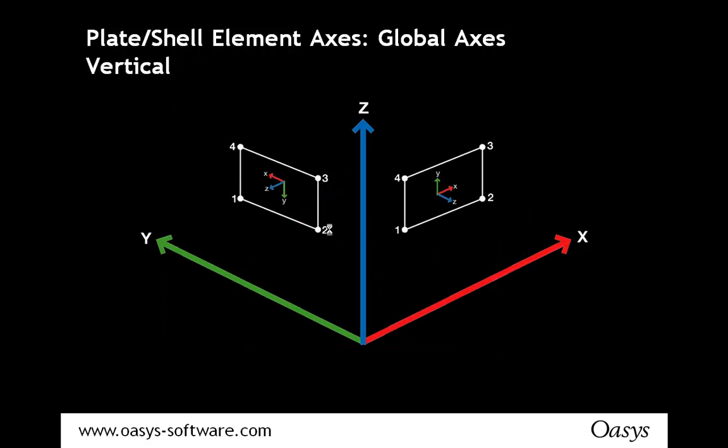The global axis doesn't work for vertical elements because they're not parallel to the global axes. So the results for vertical elements can be a bit unpredictable. The recommendation here is to create your own local axes on those wall planes, and then define the elements using that user-defined axis set.